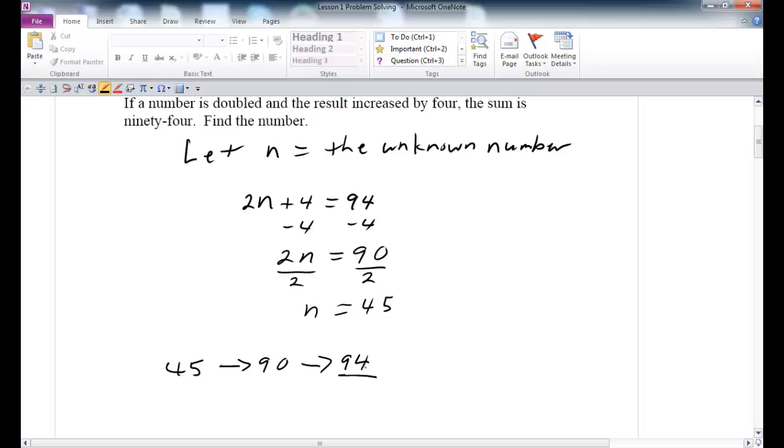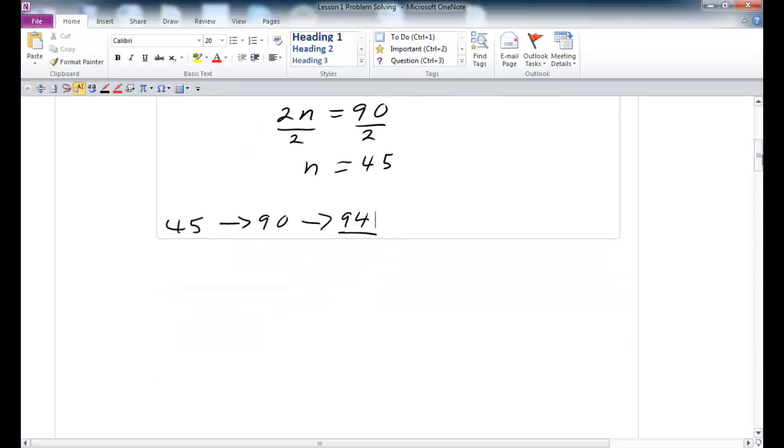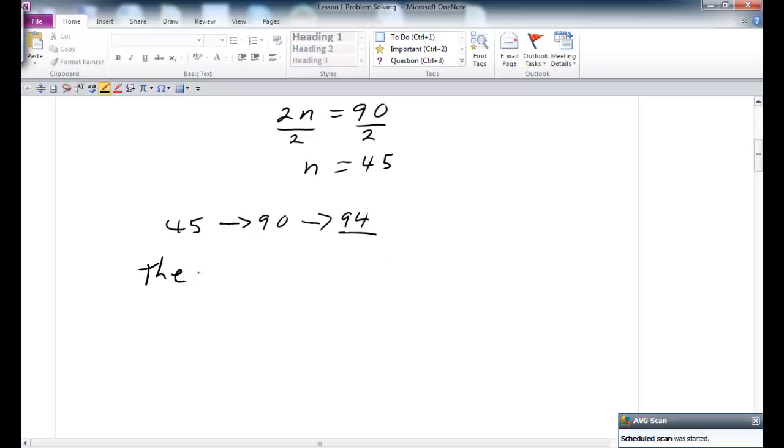Now we always finish a word problem with a sentence answer. So we should say the number is 45. And we're done. Let's try another one.